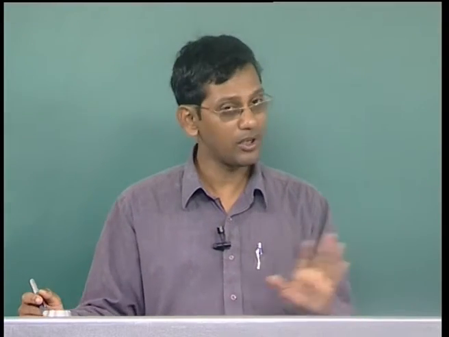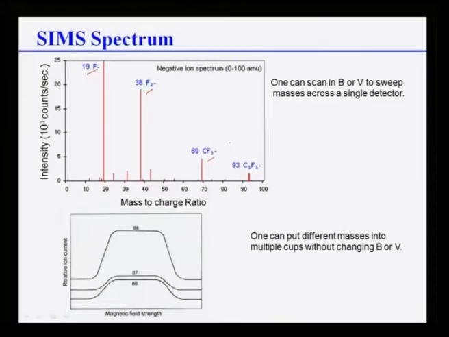This is one way of plotting the data. The other way of plotting the data is to collect the different masses into multiple cups without changing B and V. In the top picture we are changing B and V so that we can sweep all the masses. Here we are not changing B and V; we basically have different masses in different cups.